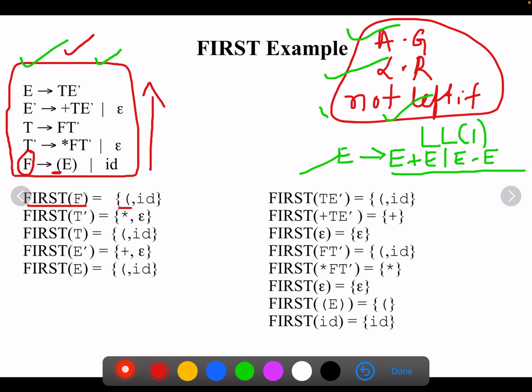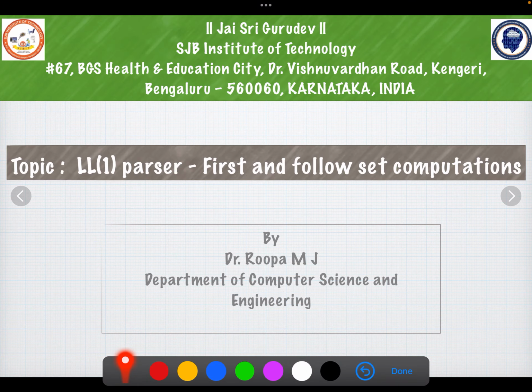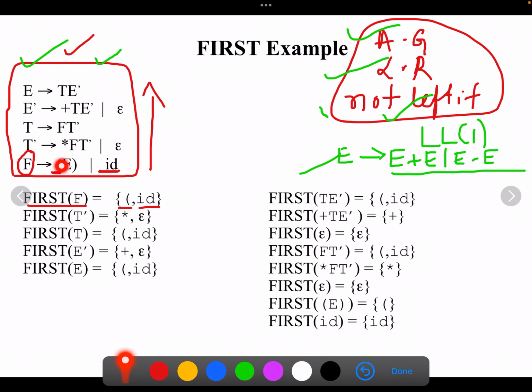From the first production, the bracket is a terminal. From the second production, ID is a terminal. So I include that. This is the only production which gives me the solution for first of F. So first of F is the opening parenthesis and ID. So we just included. Moving on to first of the next non-terminal, that is T dash.